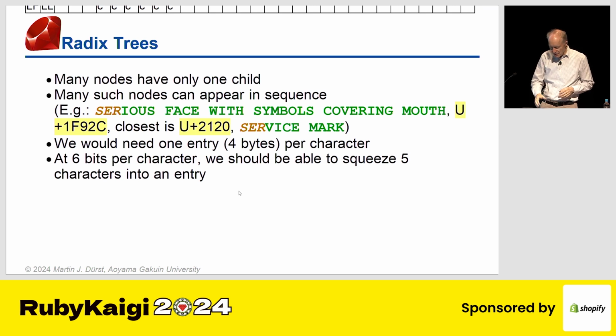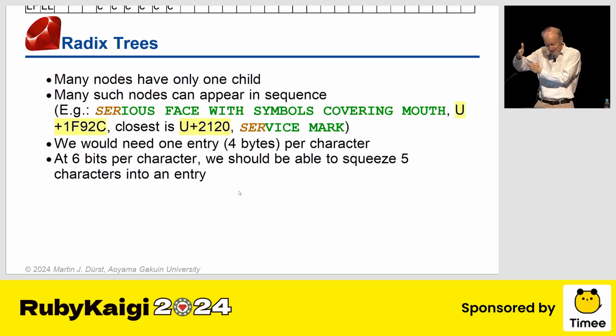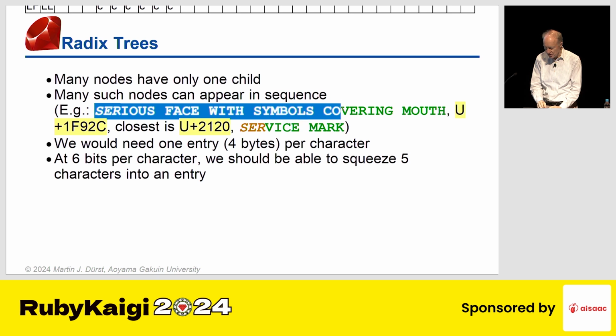Now, if you look at these character names, sometimes, if you're at Latin capital letter, then you have A, B, C, D, all the alphabet. But in other cases, you have just one. At every crossing you come to, you have exactly one street to go. Like here, we have this name series, face with symbols covering mouth.